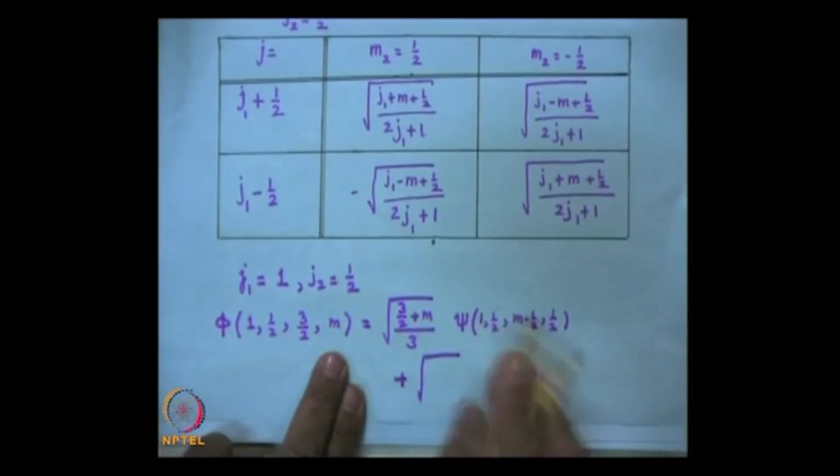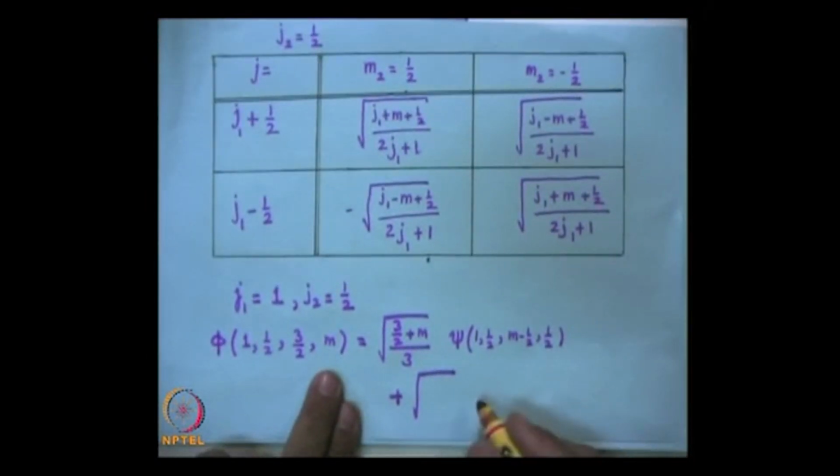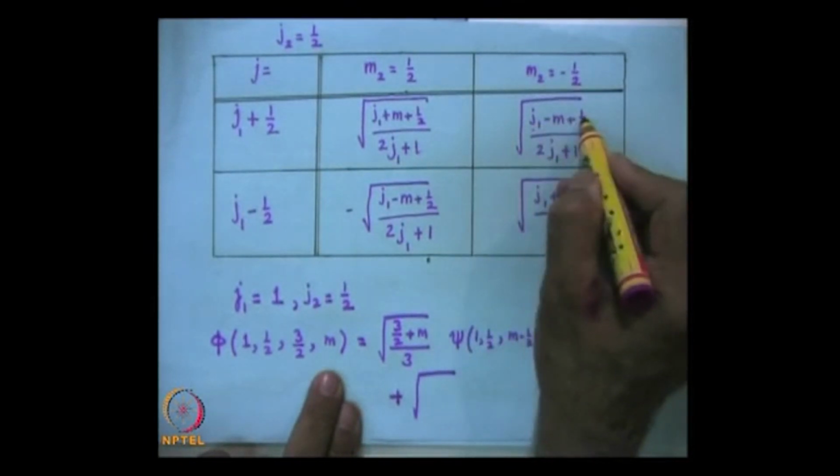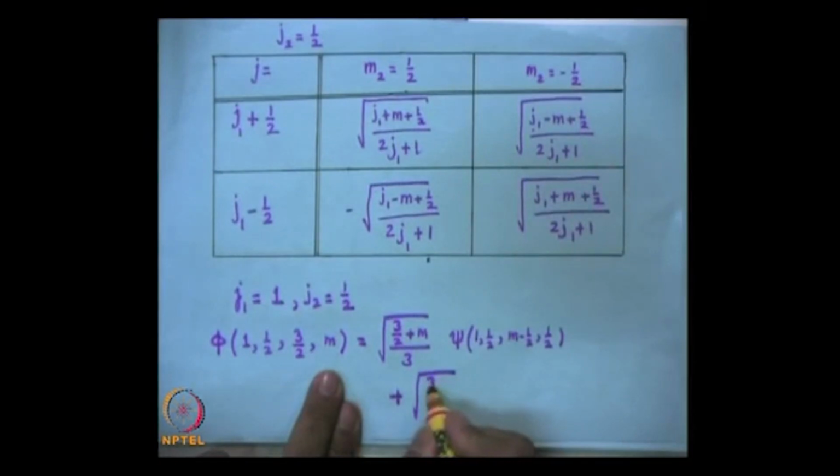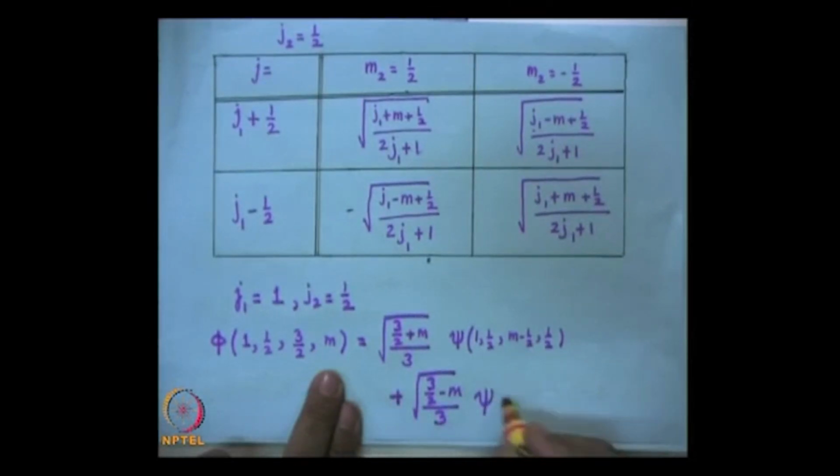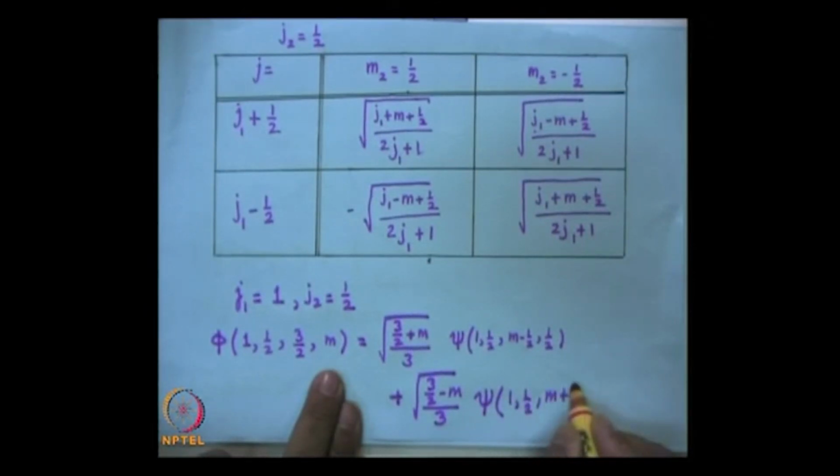This is how to use the table corresponding to Clebsch-Gordan coefficients. So, this will be 1 plus half, that is 3 by 2 minus m divided by 3, psi of 1 comma half, m plus half, minus half.